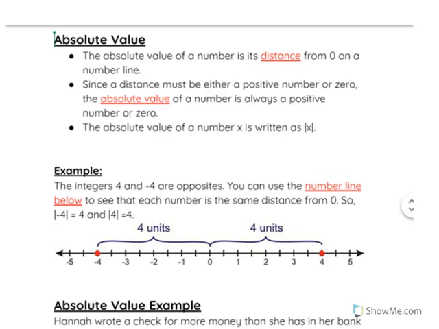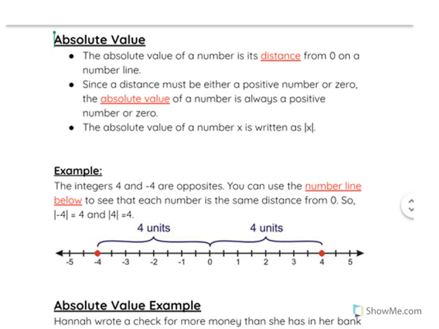So whether you're counting from a negative number to 0 or from a positive number to 0, you're counting how many spaces or how far away that number is from 0. All right, so that means that it has to be a positive value, because we don't count in negative numbers. We don't say -1, -2, -3, -4. We don't count that way. All right, so we're talking about distance, so it's going to be a positive value.